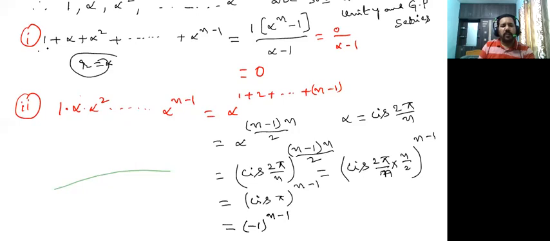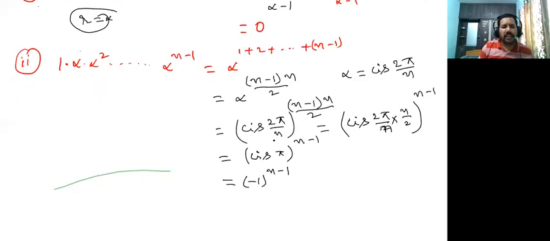Sum of nth roots of unity is 0. Product of nth roots of unity is minus 1 whole power n minus 1. So I am going to write this in short form. You have to remember it, note it like this.